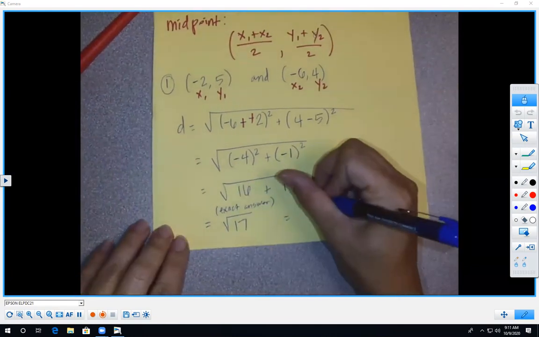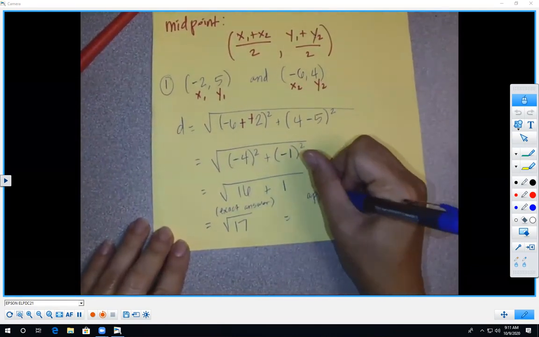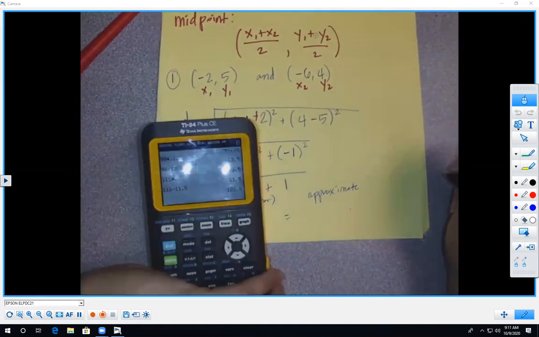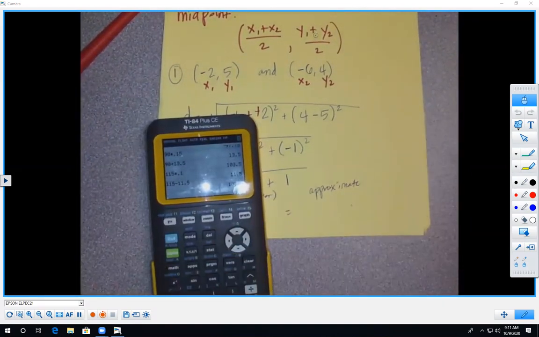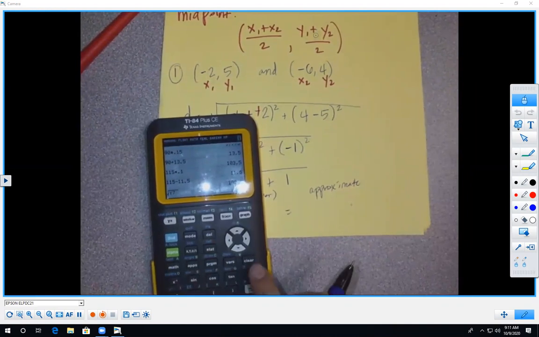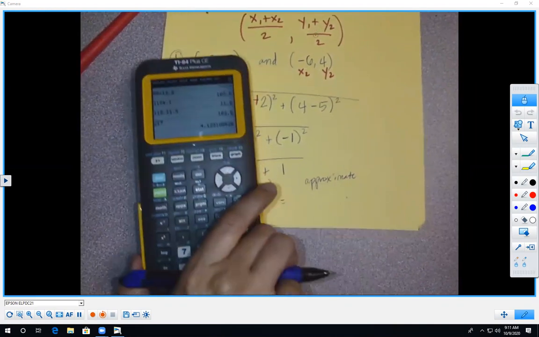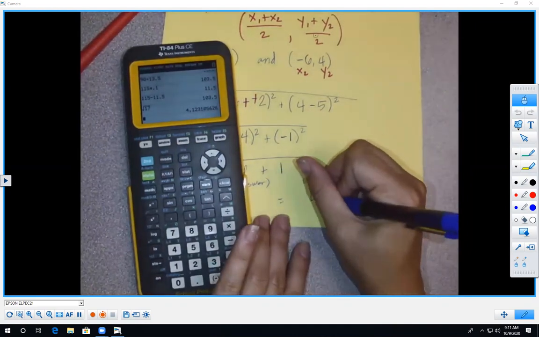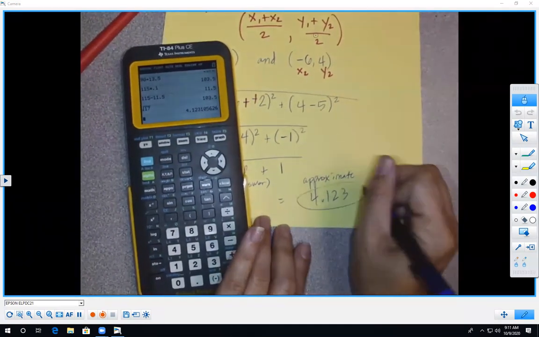We also want an approximate answer. An approximate answer is a decimal, rounded off. So the square root of 17 is 4.123, which is the approximate answer there.